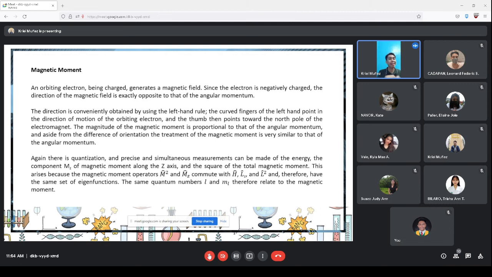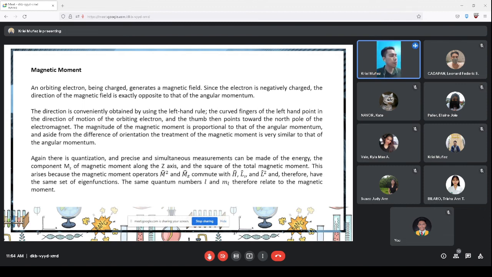If it goes against that, its energy is high. So even though they have the same principal quantum number n, in reality they do not have the same energy. Their energies are not degenerate, and we can see that by checking their magnetic moment and whether it is parallel or anti-parallel with the z-axis, or whatever axis we are looking at.